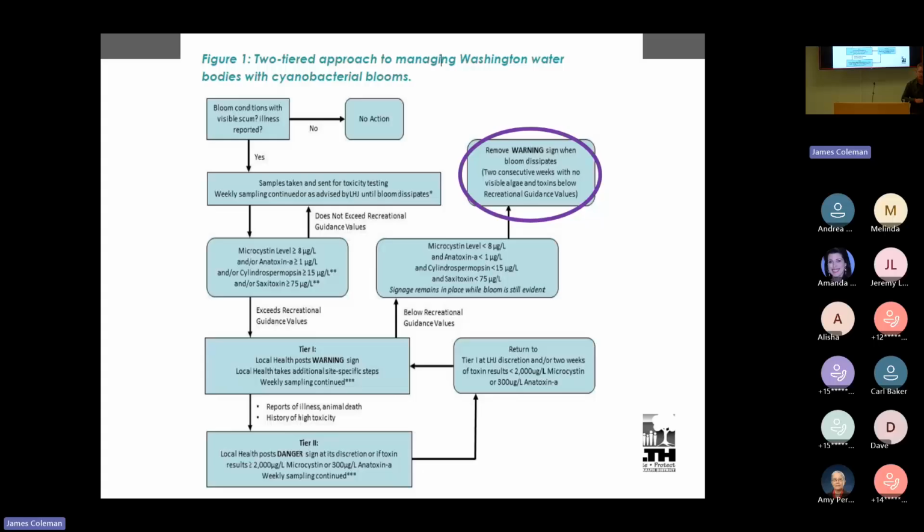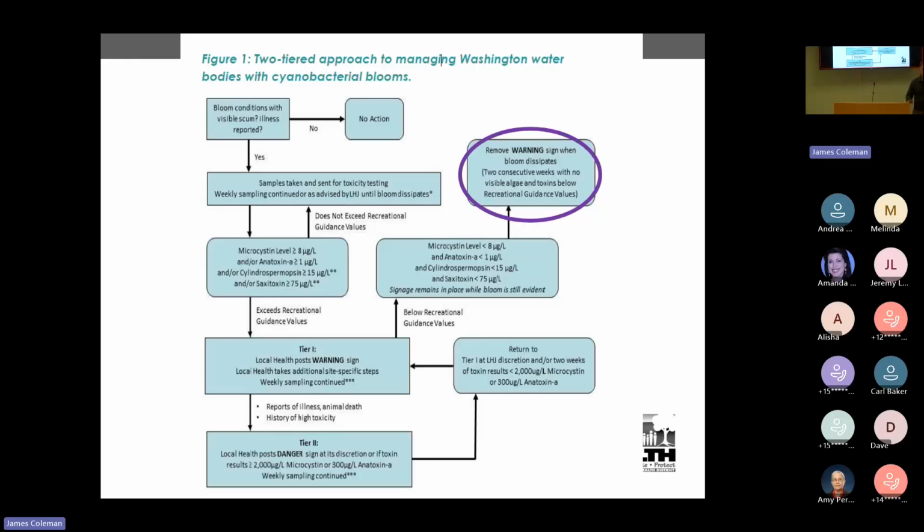There can be about 4 or 5 different cyanotoxins. In the Pacific Northwest, microcystins and anatoxins seem to be the most common toxins in this area. There are a couple of others, but those are the 2 I'm going to focus on tonight.